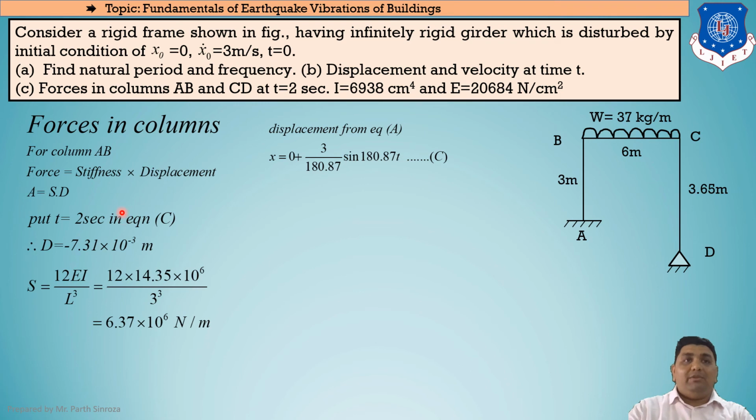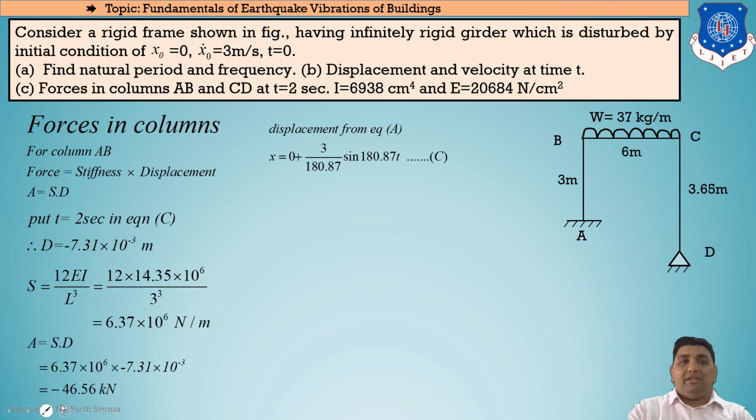Now we will be focusing on stiffness. As we are moving on to column AB, the value of stiffness here will be 12 EI by L cube. The stiffness comes out to be 6.37 into 10 raised to 6 Newton per meter. Now that we have obtained the stiffness and the displacement, we can find the force.